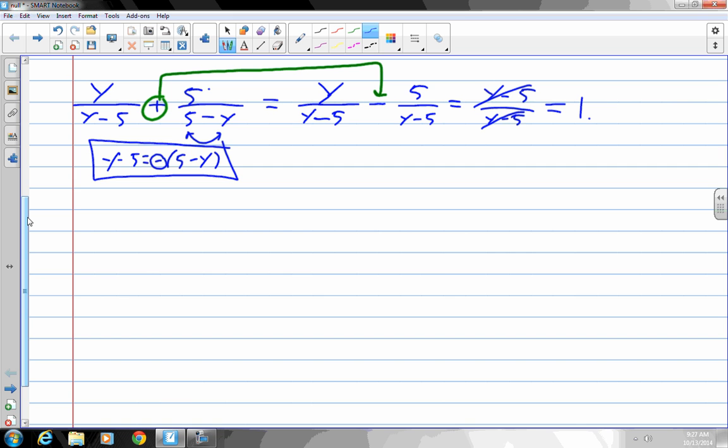Let's try something very similar. Let's do y over y plus 5 minus 5 over negative y minus 5, like that.